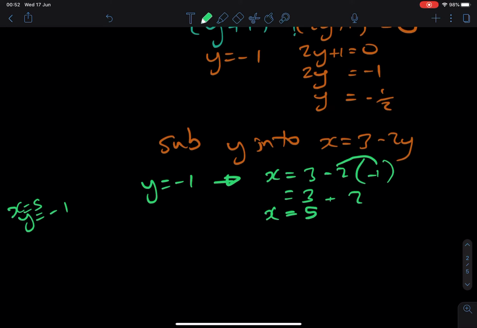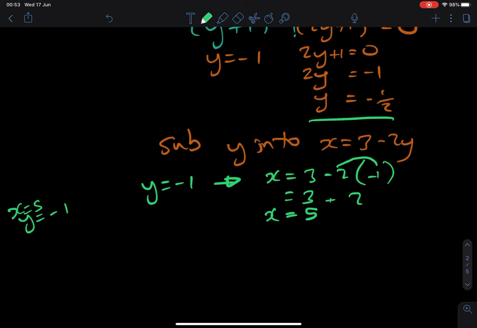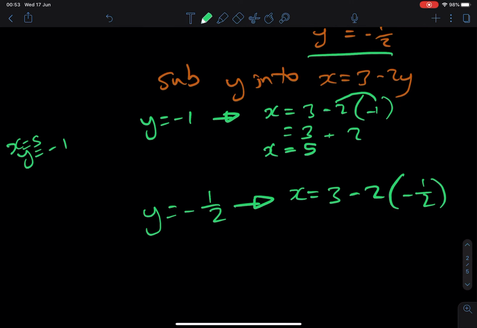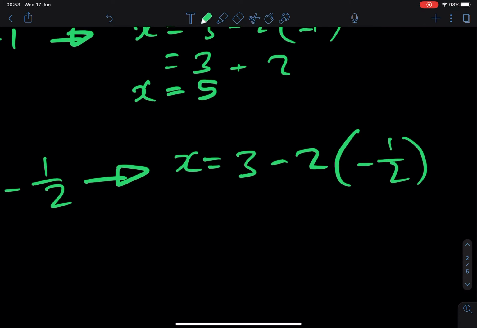Now I've got one more y value here, when y is equal to minus a half, again substitute into x is equal to 3 minus 2 times the y value of minus a half. So x is equal to, I have to expand this bit first, minus 2 times minus a half.